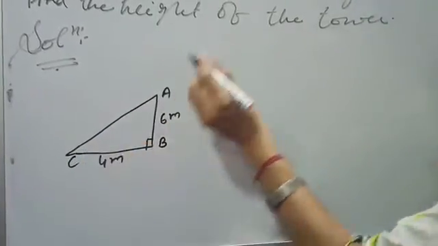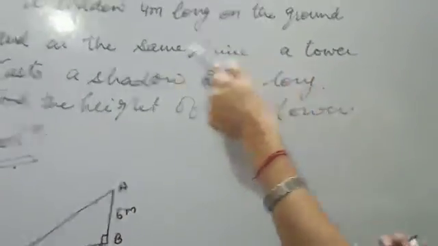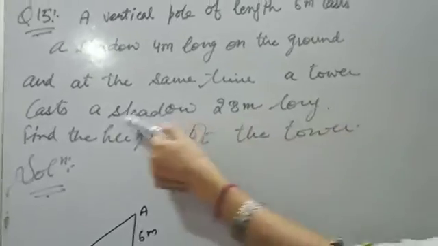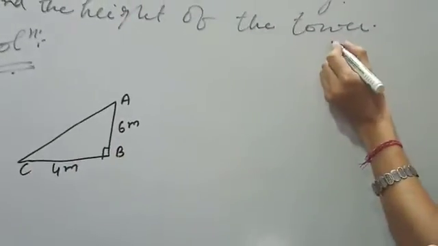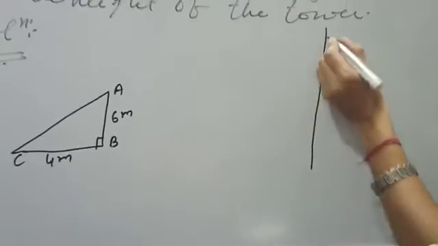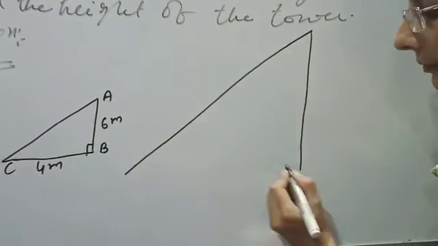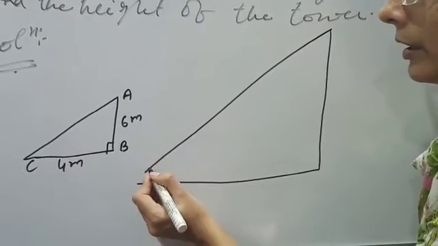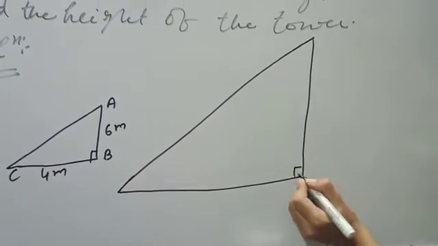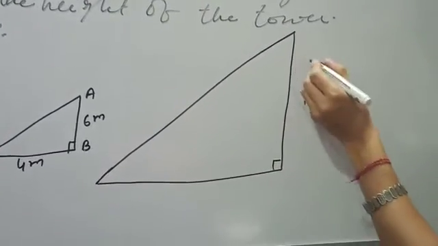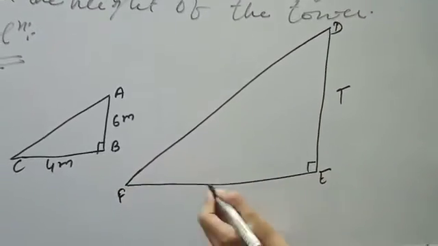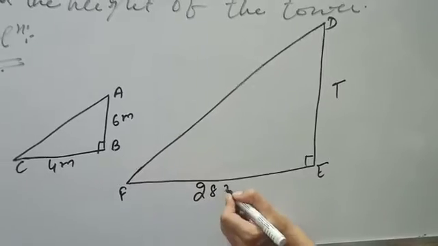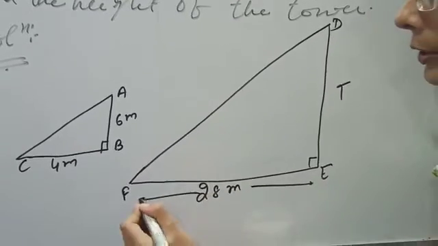Then they are saying that at the same time a tower casts a shadow 28 meters long. Obviously if the shadow is longer, then the tower length is also longer. So a tower, this one is the tower, suppose it is DE, and EF is the shadow, which is 28 meters long.